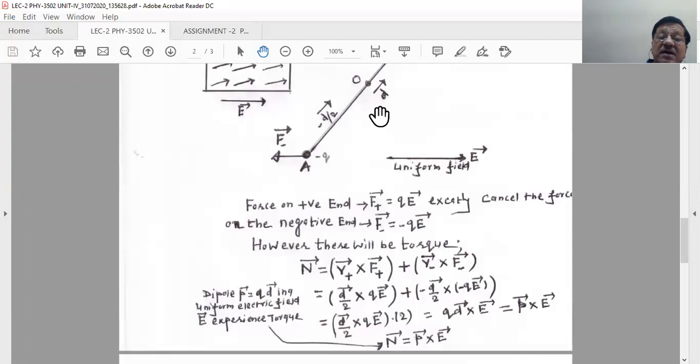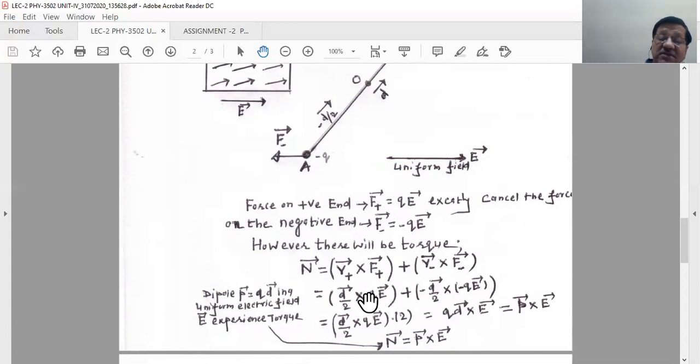That is, you measure the displacement from O to A, that is D by 2, but you are going opposite to the direction of the displacement vector D. So it is minus D by 2 cross minus QE, because it is F minus. F minus is the force acting on the negative charge. The negative charge is minus Q and the applied field is E, so it is minus QE. So this minus sign and this minus sign cancel each other.